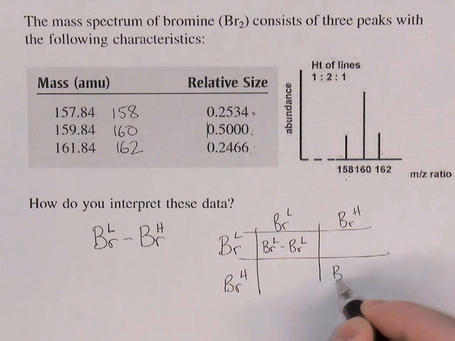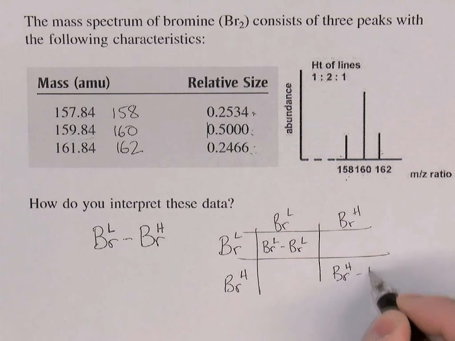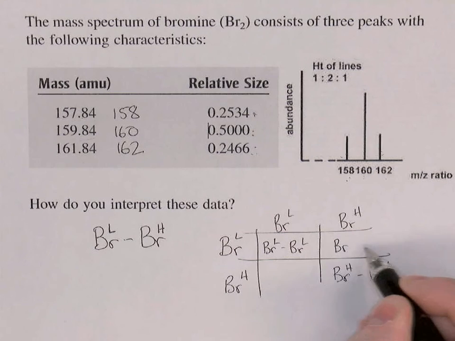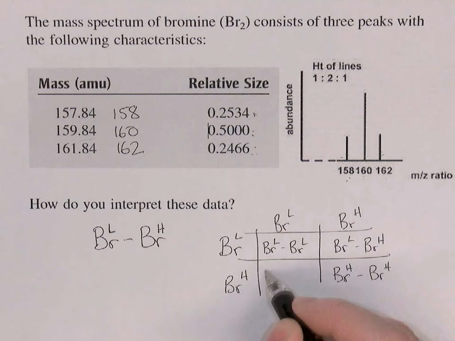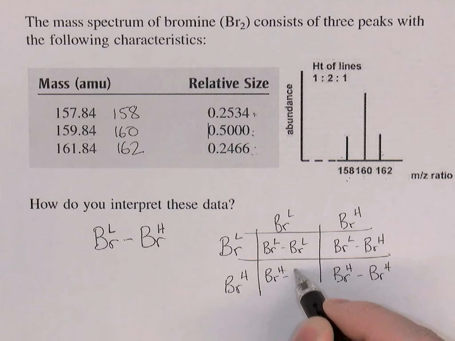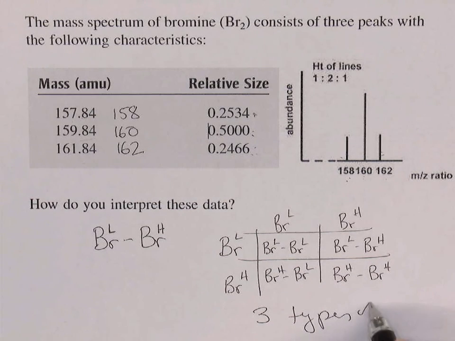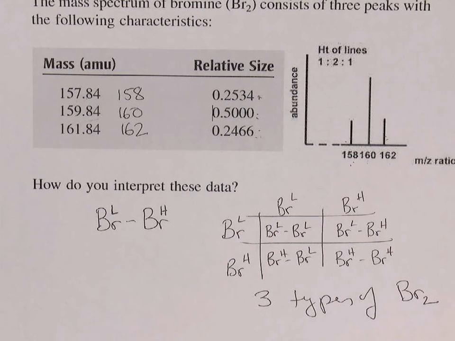We can get one with 2 bromine heavy particles. But notice that there are 2 different ways to get a bromine light with a bromine heavy. So in the end, there are 3 types of Br2 if there are 2 isotopes of bromine, a light one and a heavy one.